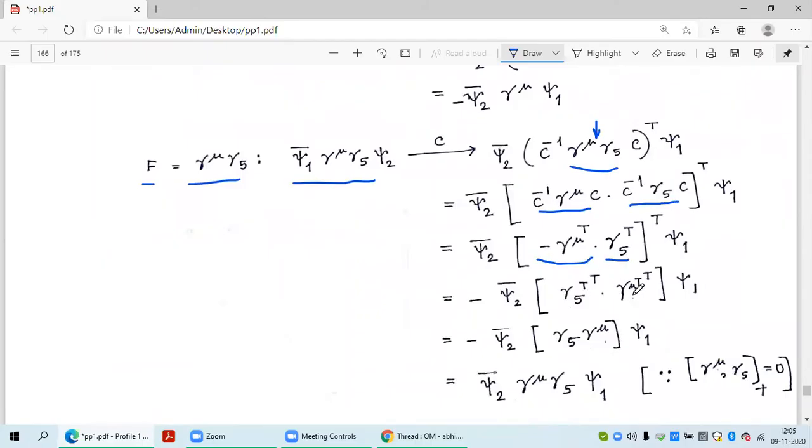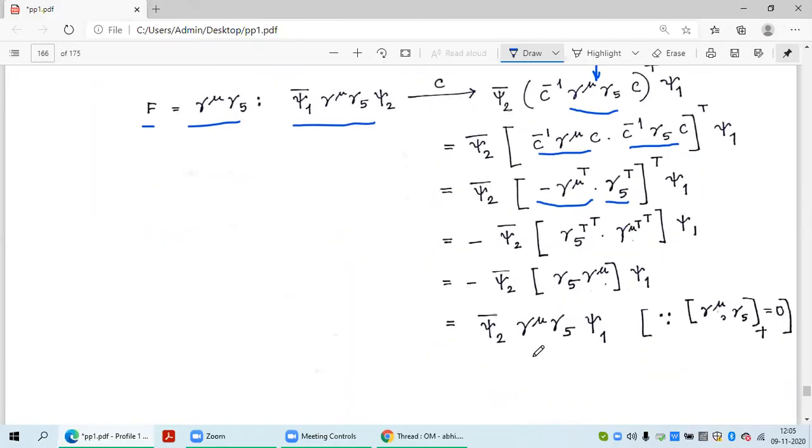So this will become like this. Obvious. And these anticommute: gamma 5 anticommutes with any gamma mu, so you can flip their positions. The minus sign will go, so this will become positive.